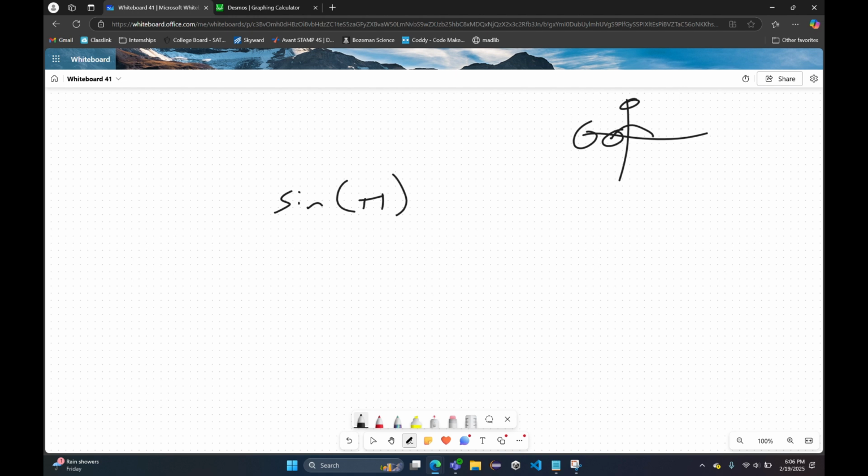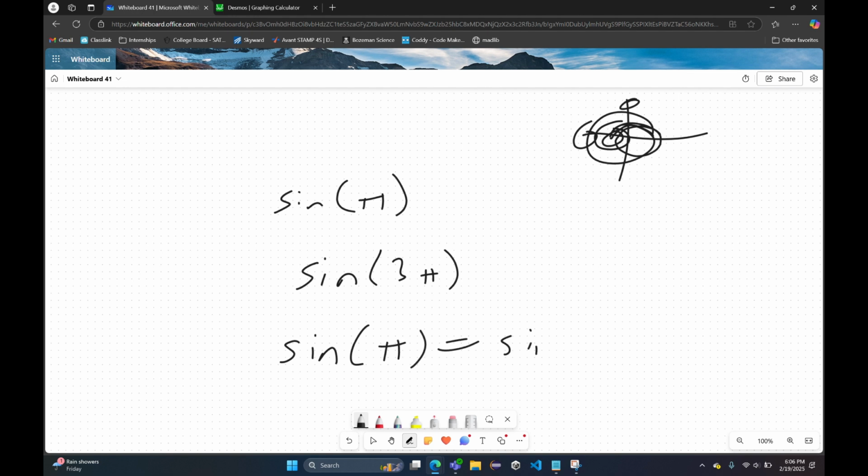But what if we added 2 pi to that? Sine of 3 pi. Well, you have pi here, 2 pi, 3 pi, all the way back here. It's going to be the exact same answer. And it's going to be the same because the entire circle is 2 pi. As long as you add 2 pi to your answer, it's always going to be the same. So you could say that sine of pi equals sine of 3 pi.